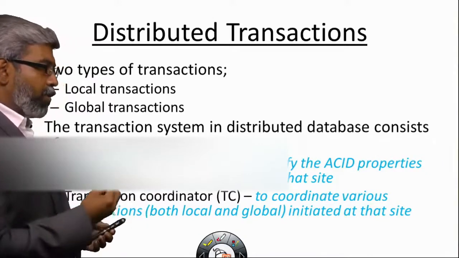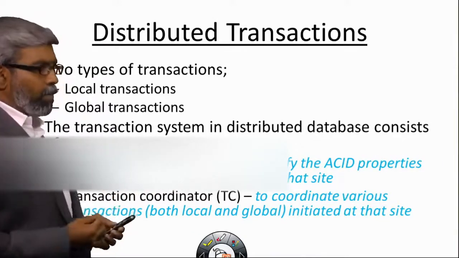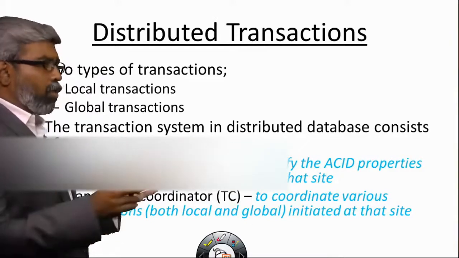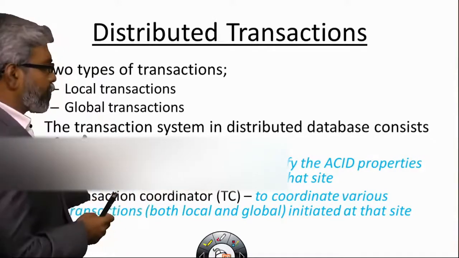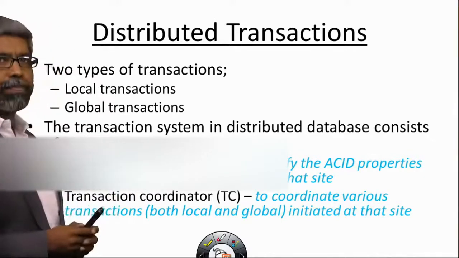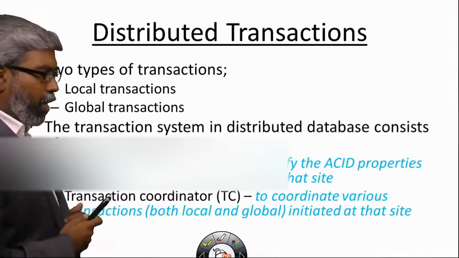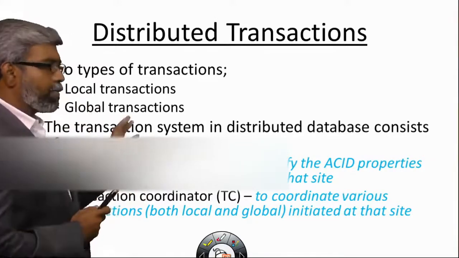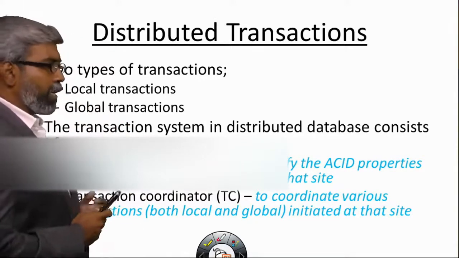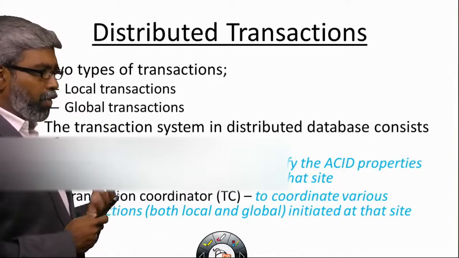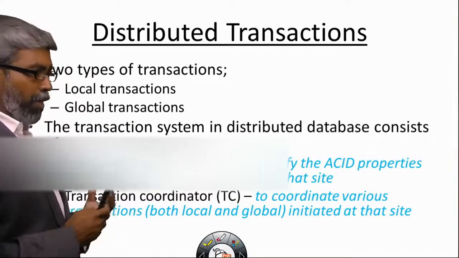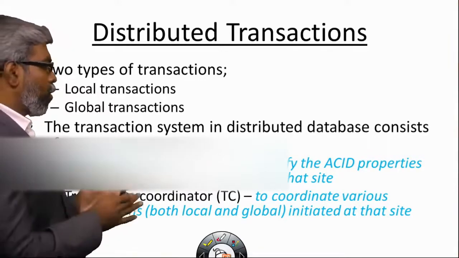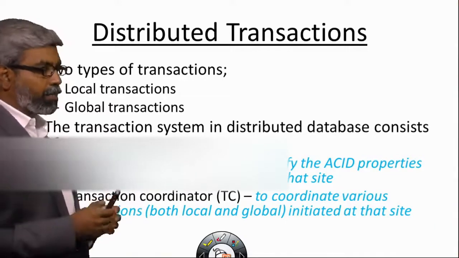If I'm requesting some data from site A, which is located in one particular location, and I am local to that location, we call that a local transaction. The server has all the data which I required, and it is going to respond to my request.